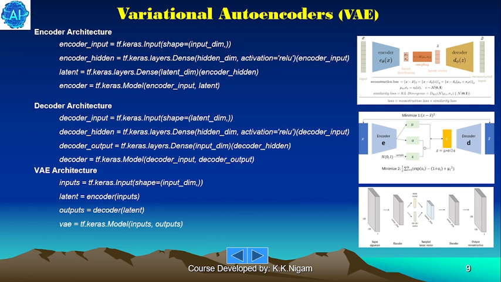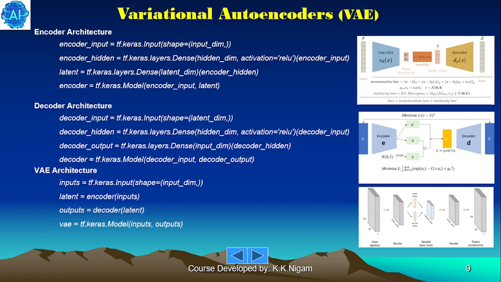Encoder input is tf.keras.Input with shape given by the input dimension. Then encoder hidden is tf.keras.layers.Dense with the hidden dimension, and then the latent is tf.keras.layers.Dense with the latent dimension applied on the encoder hidden, and then the encoder is tf.keras.Model with encoder input and latent.